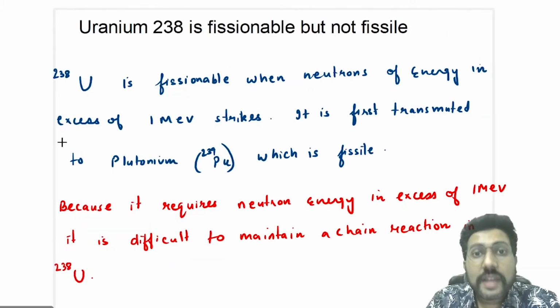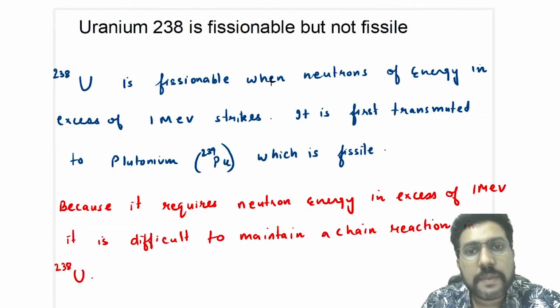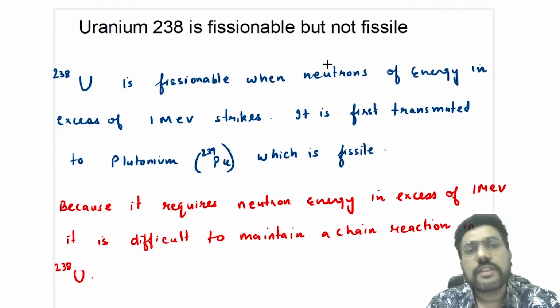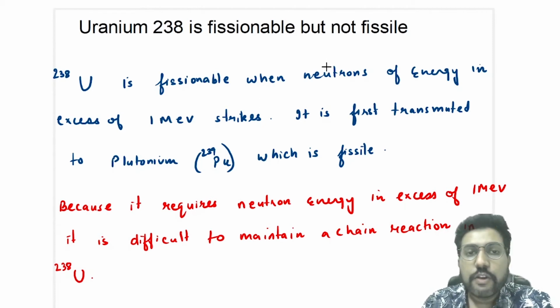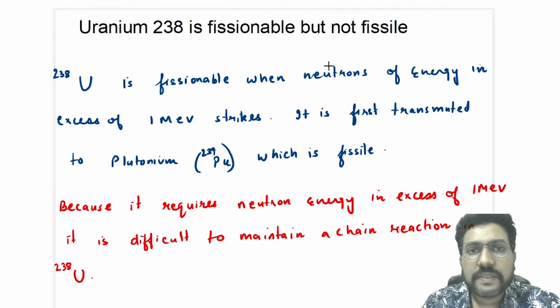Now, uranium-238 is fissionable but not fissile. What does this mean? To understand this, first we must understand the definition of fissionable and fissile. Fissionable means those substances which can undergo fission. So uranium-238 is fissionable.